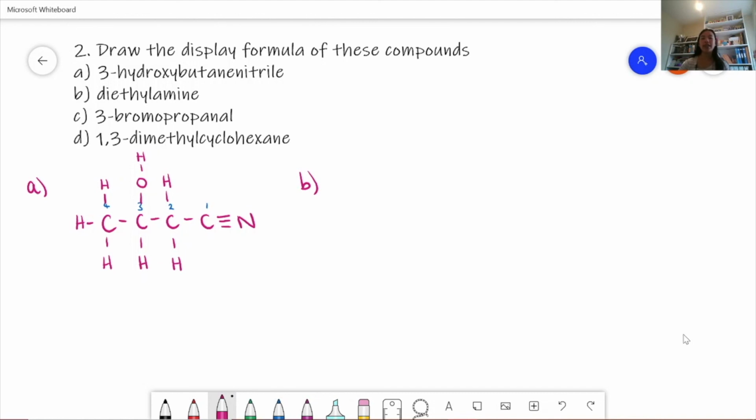For B, diethylamine. An amine is something with an NH2, but this actually turns out to be a secondary amine. So a primary amine would have a nitrogen and two hydrogens attached, with an alkyl group.